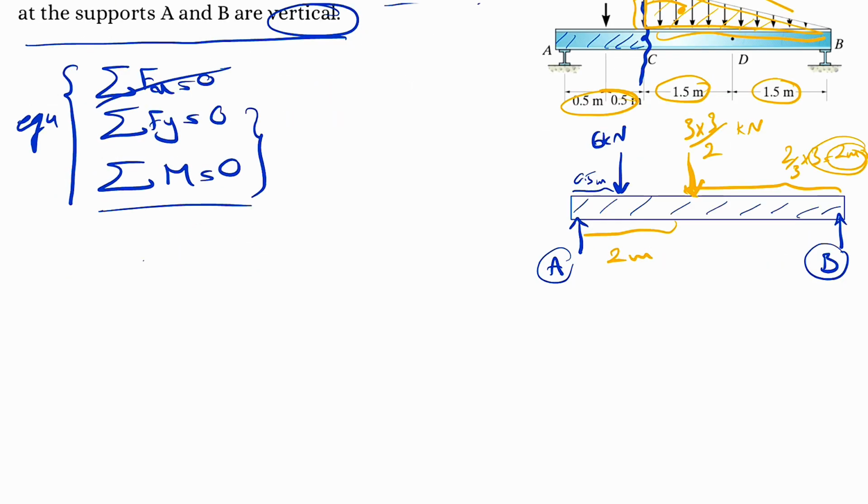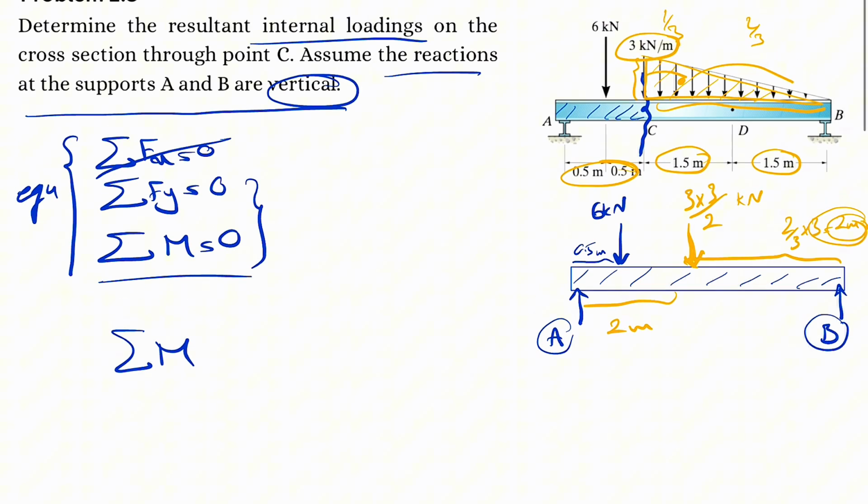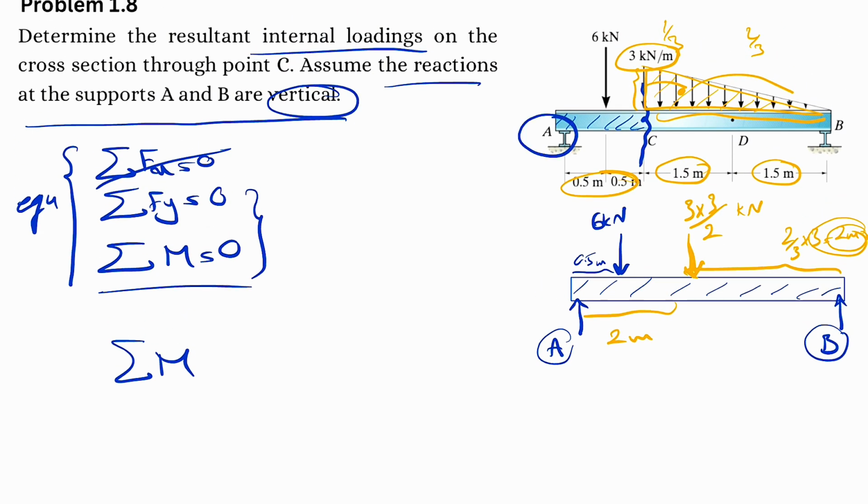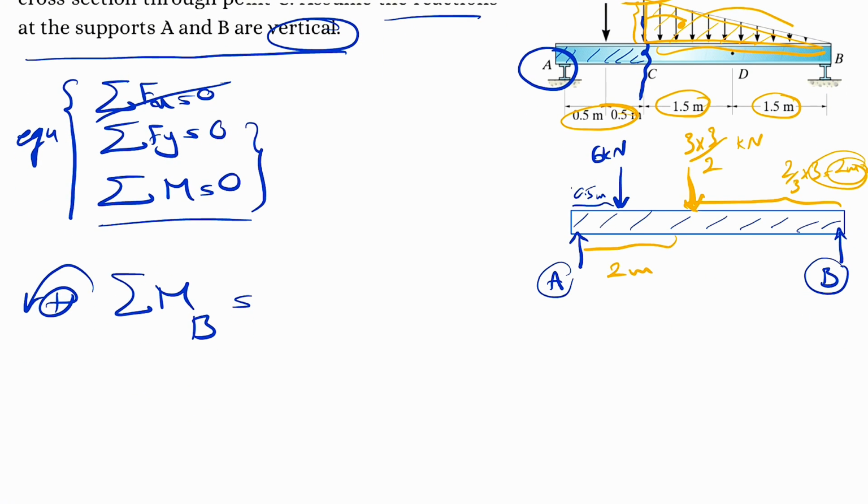We can either go with the moment about point A or the moment about point B. Because we are interested in the support at A, we're going to go with the moment about B, so that way we can get rid of the B that we have. So let's see what we have. We have the moment of A about B, which is clockwise, so -A times the length of the beam, which is 4.